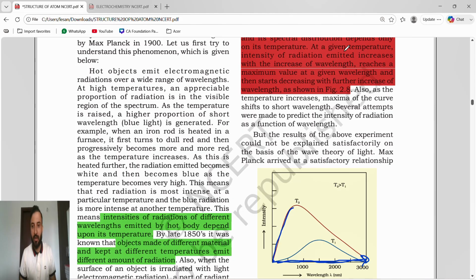At a given temperature, suppose I keep the temperature as T2, intensity of radiation increases with increase in wavelength, reaches a maximum value, and starts decreasing with further increase of wavelength.